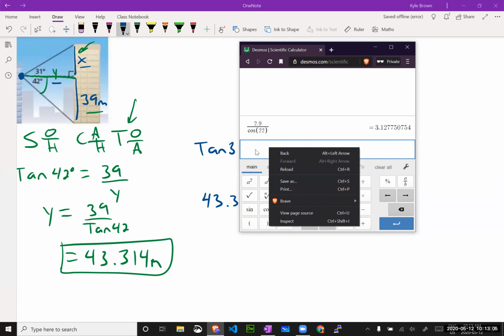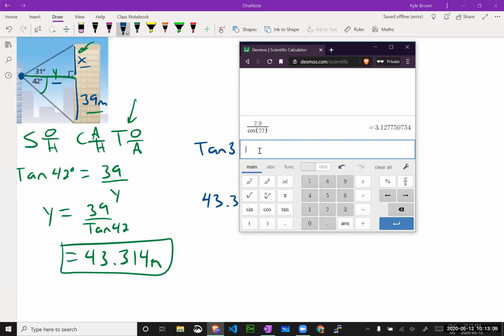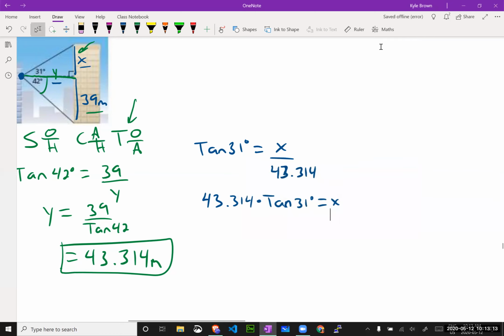Might not work out as well as I thought it would. No, here, I'm going to use my calculator on my phone. 43.314 times tan 31. And we get, my calculator's in radians. Sorry, guys.